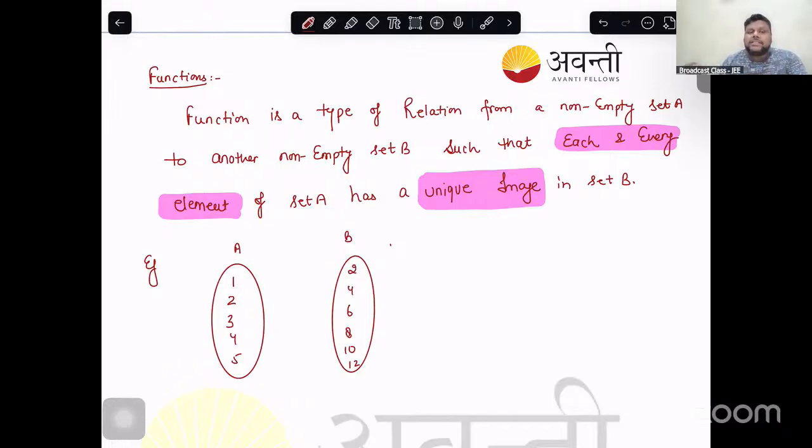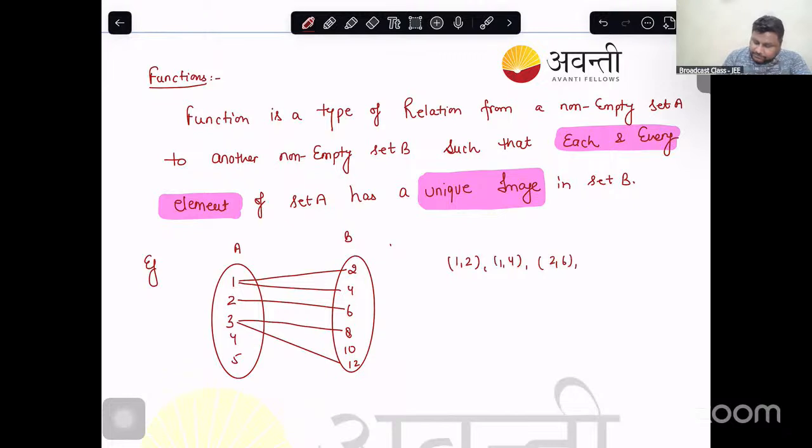A relation is any subset of A cross B. Like if I connect this, this, this, this, and this, with elements 1, 2, 1, 4, 2, 6, 3, 8, 3, 12. So this is a subset of A cross B. So it is a relation. When would it become a function?